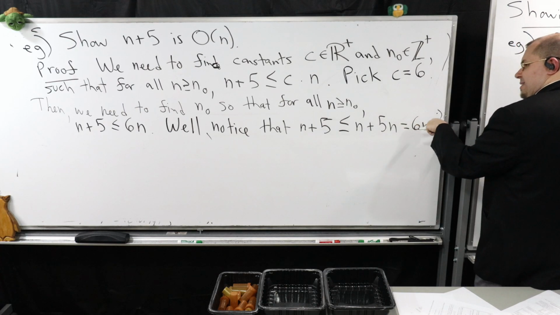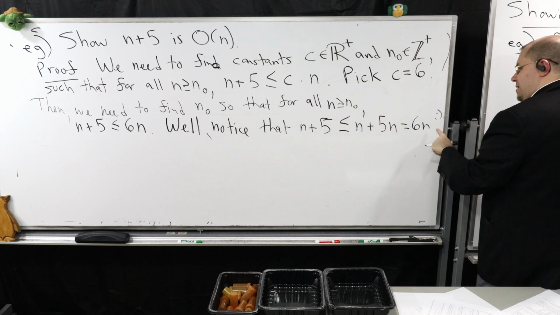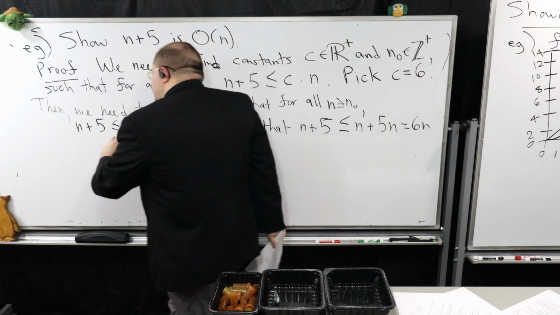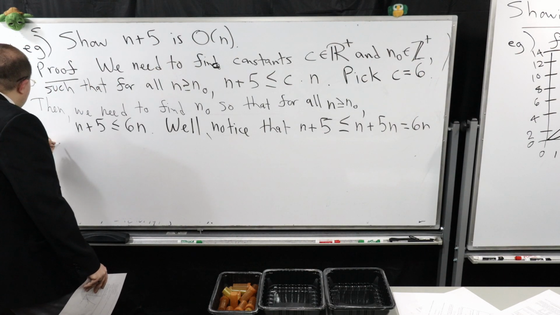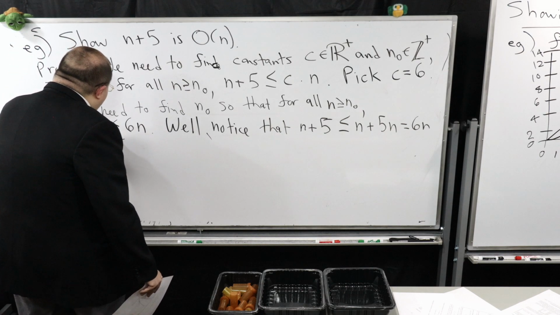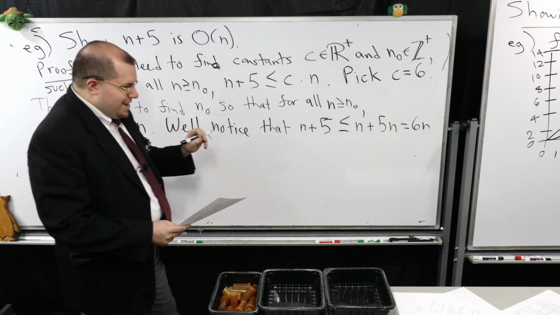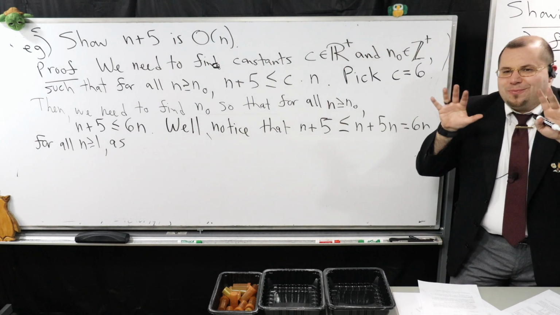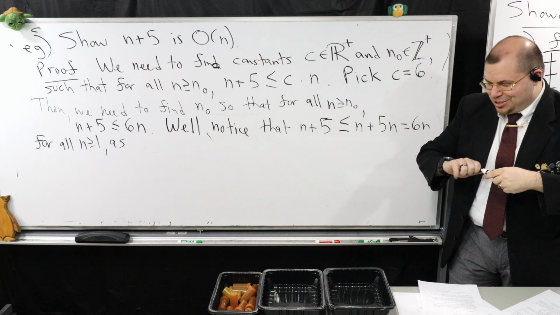Remember, this is the right-hand side of my inequality. 6n for all n greater or equal to 1. Now you might say, Dan, where did this come from? This seems a little bit like magic, but let me assure you.